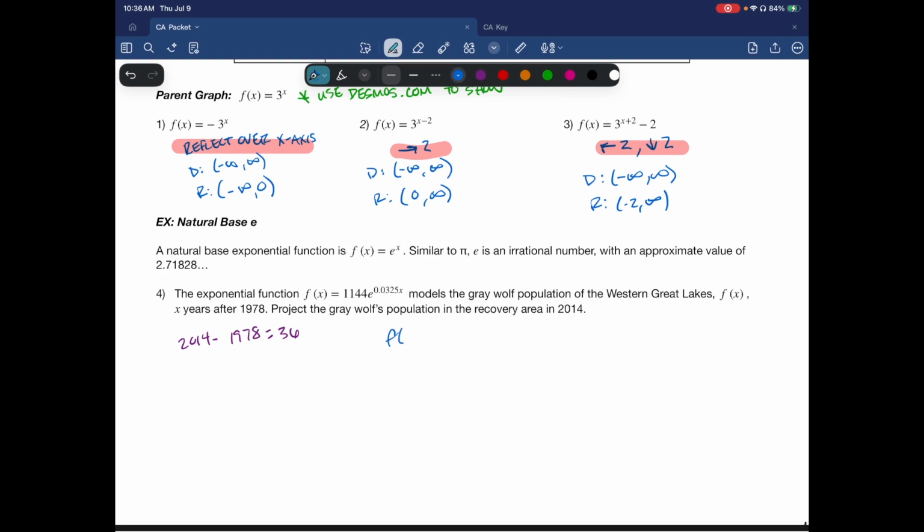So f of 36 equals 1144 e to the 0.0325 times 36. You plug that into your calculator and you crunch your numbers and you get approximately 3686 wolves. Okay, so approximately 3,686 wolves after 36 years.